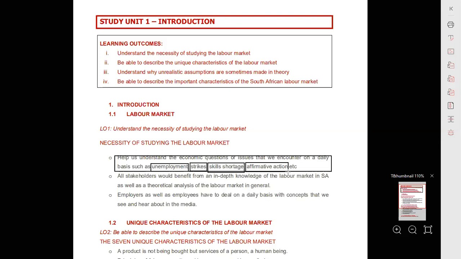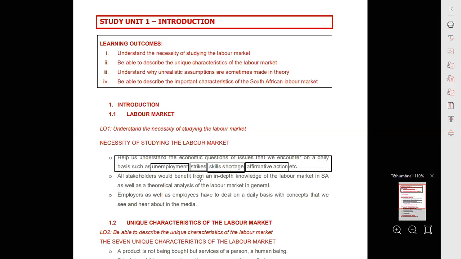So that is the first thing that we have to take into account. All stakeholders would benefit from an in-depth knowledge of the labor market in South Africa, as well as theoretical analysis of the labor market in general.